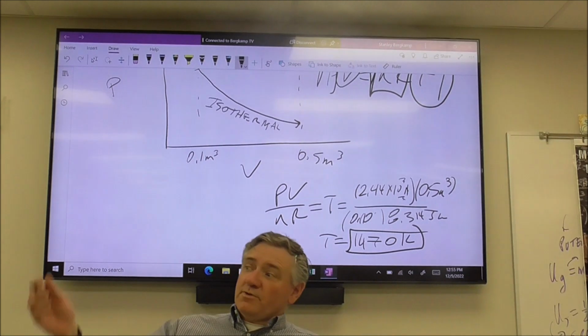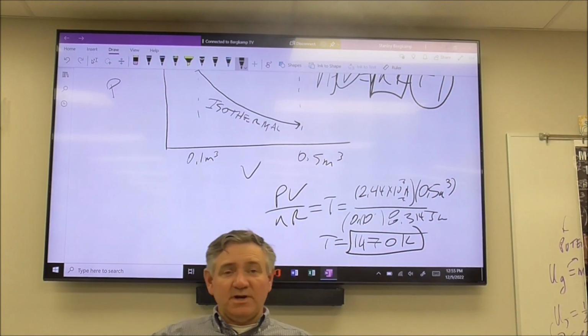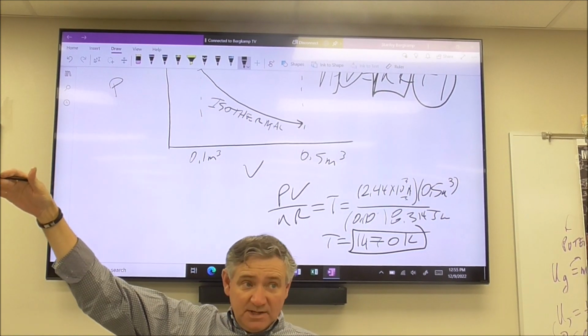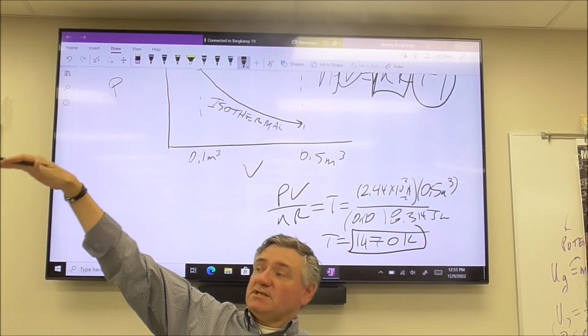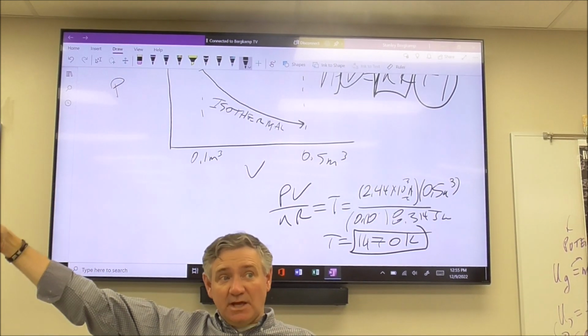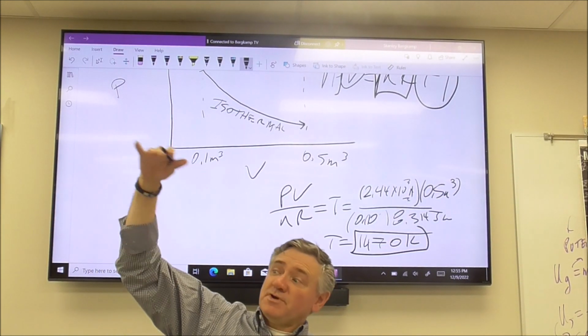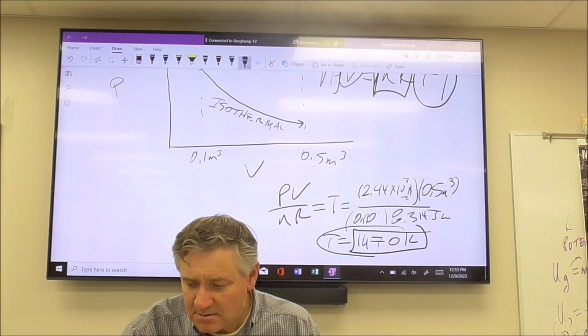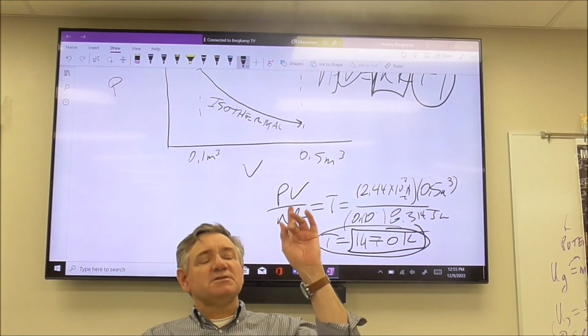So look what happened to the temperature. We went from room temperature, basically 20 degrees Celsius, which is like 293, all the way up to 1470. So our temperature is increased by almost 1,000 Kelvin, right? So this is a pretty big temperature change. This is going to be my new temperature. So here's the question.